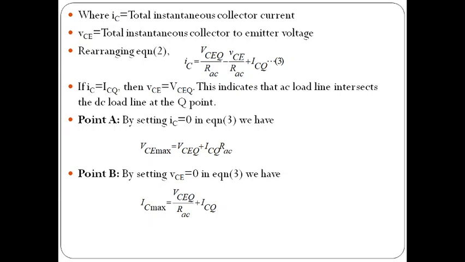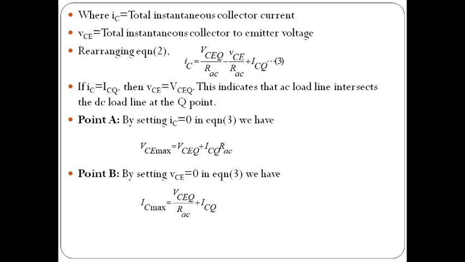Small iC is the total instantaneous collector current, and small vCE is the total instantaneous collector to emitter voltage. By rearranging equation 2, we can write iC equals VCEQ by RAC minus vCE by RAC plus ICQ. This is equation 3. Again we need to find the AC load line like the DC load line.